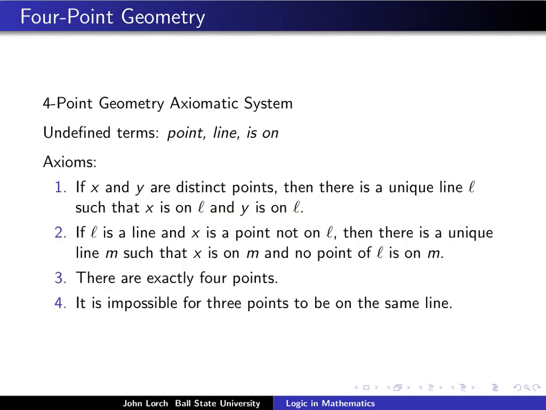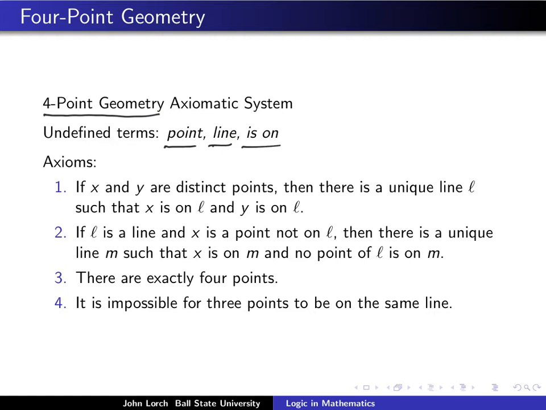We finish these slides by exploring the words definition, theorem, proof, and axiom in the context of 4-point geometry. 4-point geometry, like any mathematical theory, needs to begin with some axioms. Here we have 4 axioms, and they all involve words, of course, and some words are going to be undefined terms at this juncture, such as point, line, and is on.